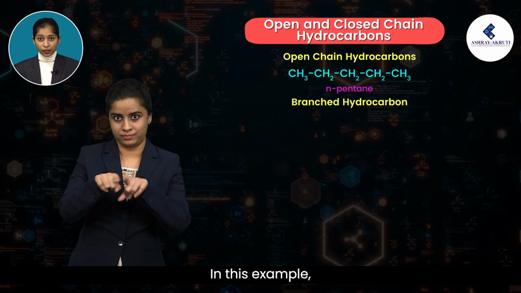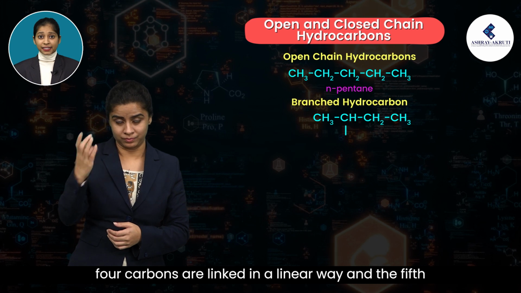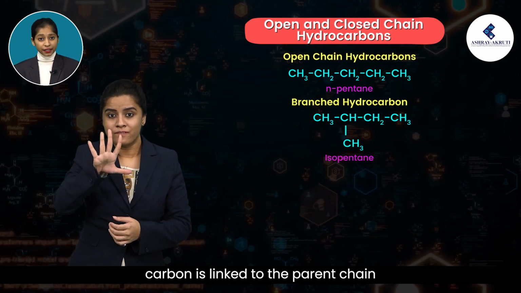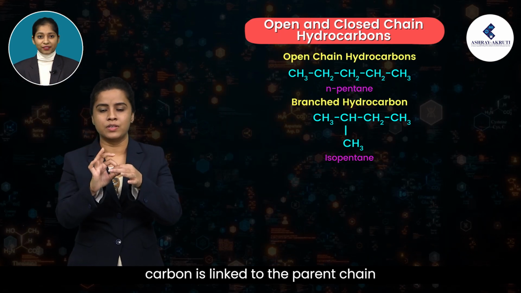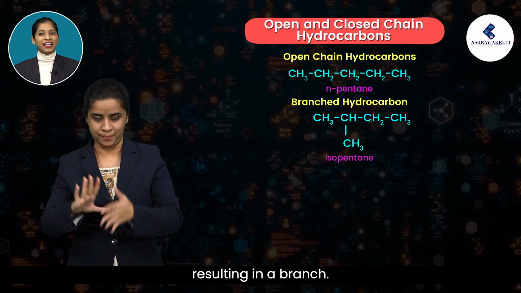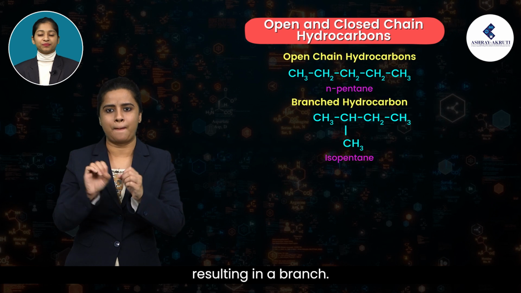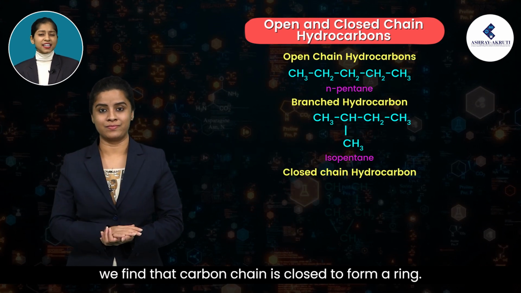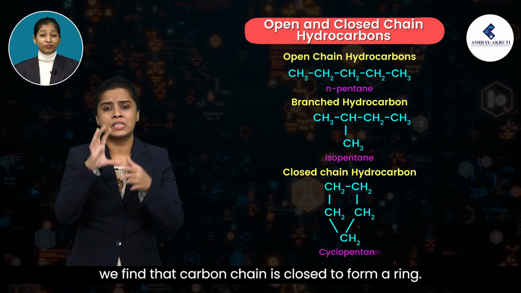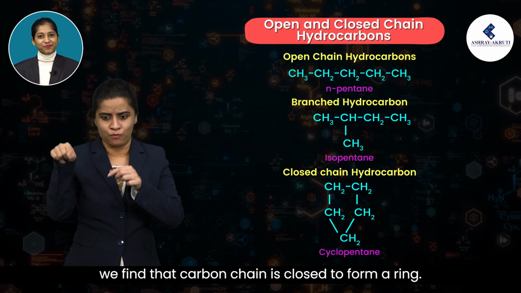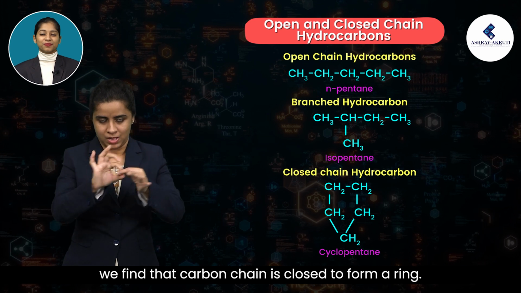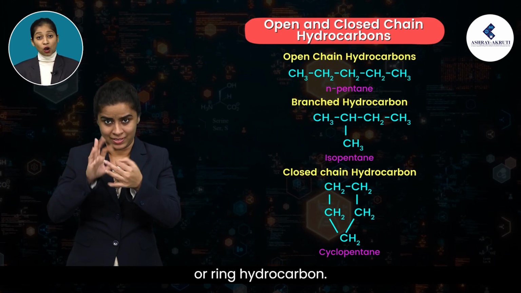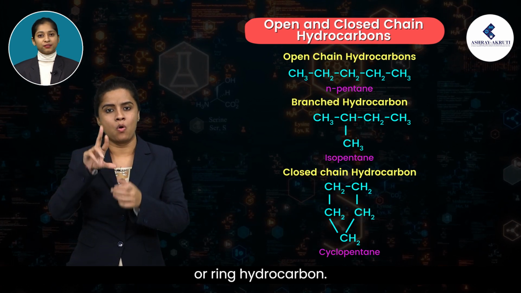In this example, 4 carbons are linked in a linear way and the 5th carbon is linked to the parent chain, resulting in a branch. Here, we find that carbon chain is closed to form a ring. So, it is a closed chain hydrocarbon or ring hydrocarbon.